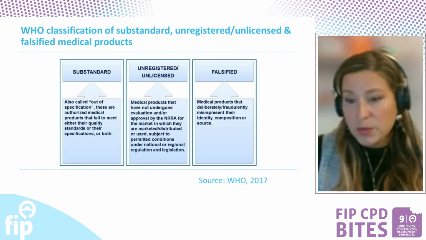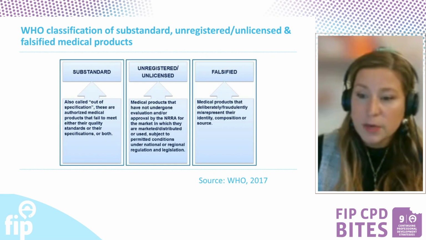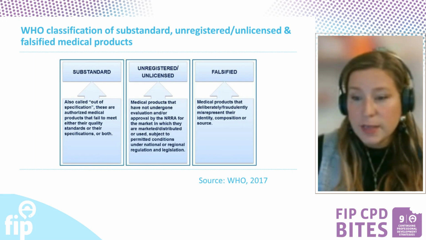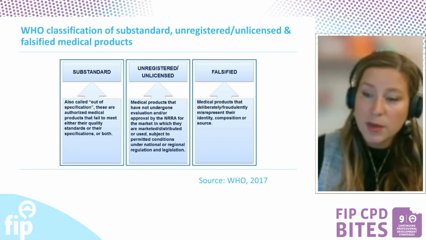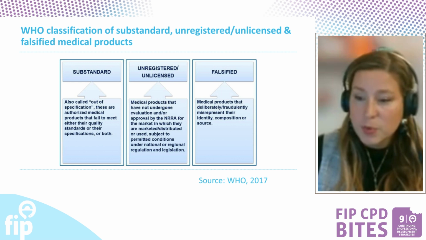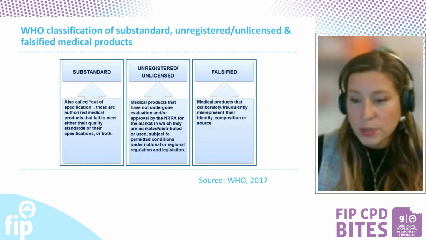However, they may also be introduced during a public health emergency when the urgency of access surpasses the pace of local regulatory review. And in these cases, countries may temporarily allow the use of products that are not yet registered nationally but have been authorized, for example, through WHO's emergency use listing or approval by another stringent regulatory authority.